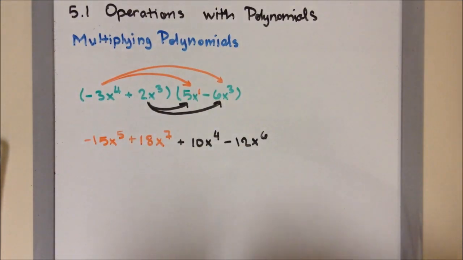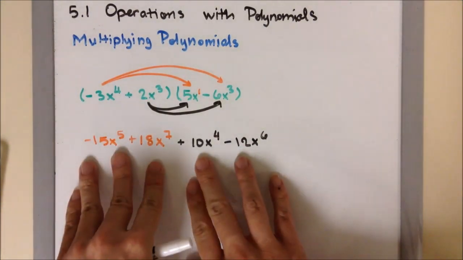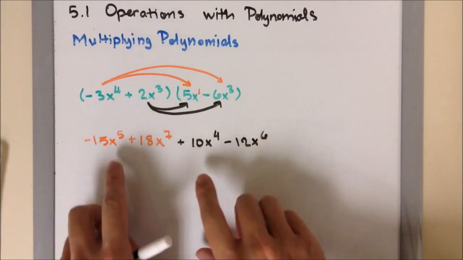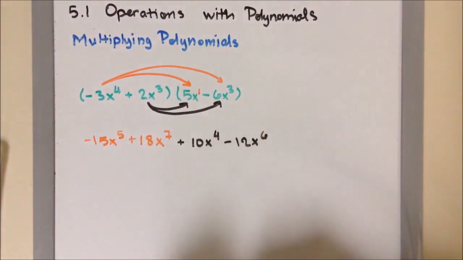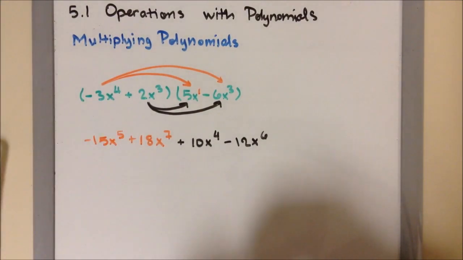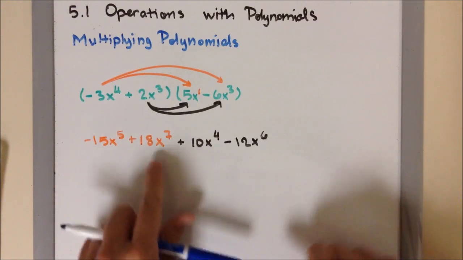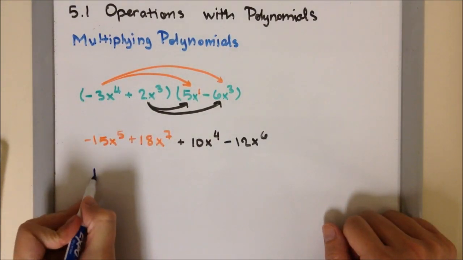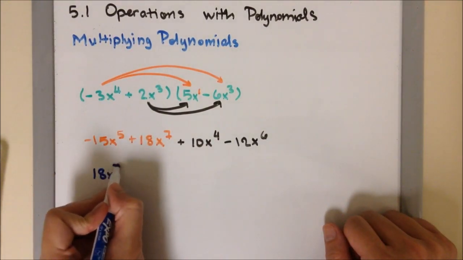Alright, I finished multiplying, and there are no other terms that I can combine because the exponents are different for each of them. So what I'm going to do is I'm going to put them in order. So starting with my highest exponent, which is x to the 7th, so it will be 18x to the 7th power.